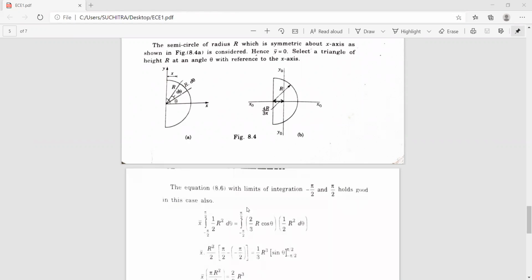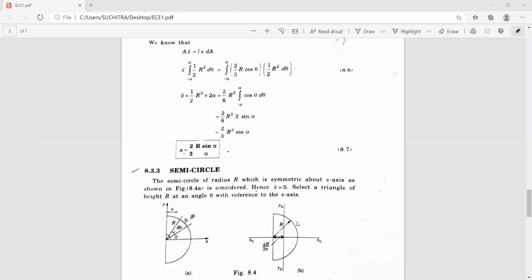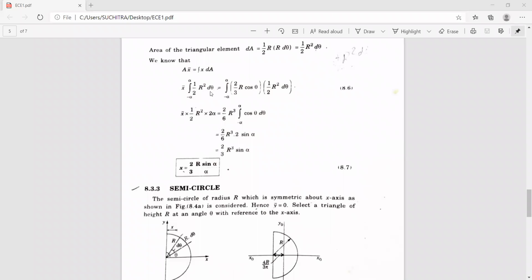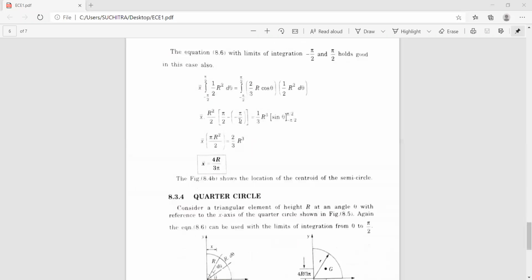On the right hand side, again integral of minus pi by 2 to plus pi by 2, and x is nothing but 2/3 r cos theta, and dA is nothing but half r square d theta. The same equation holds good here. Only thing is, you have to change the limits of integration. In this case, it is minus alpha plus alpha. Here, it is minus pi by 2 plus pi by 2.